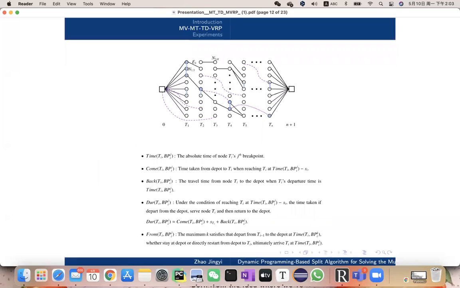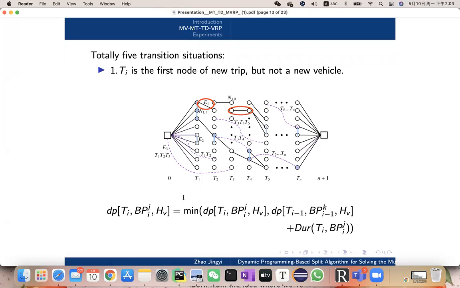So how do we update DP, Ti, BP, IJ, HV? We have 5 different transition situations in total, and we show for Ti how to update the DP value of Ti's J-th breakpoint, when we use HV vehicles in total.